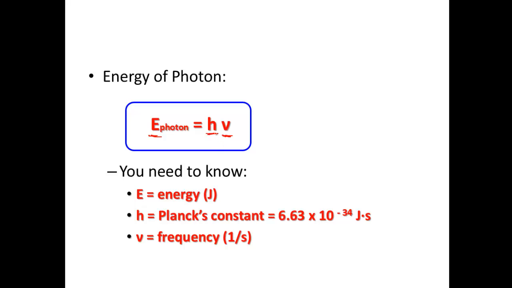The parts you're going to need to know: E stands for energy, and the unit is the joule. H stands for Planck's constant, a number, 6.63 times 10 to the negative 34th joule seconds. Remember, that's going to be in your gold packet, but you should know what Planck's constant is. And our last one, frequency, how many waves per second we have, is nu.